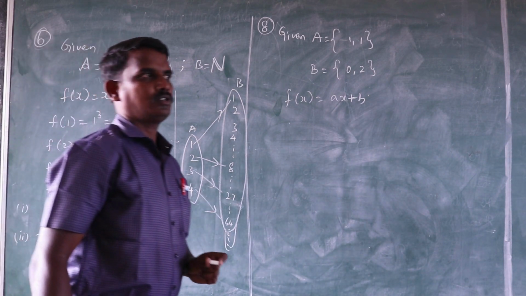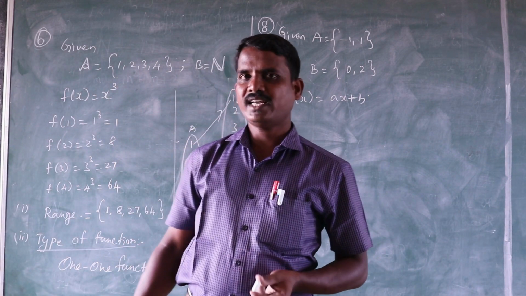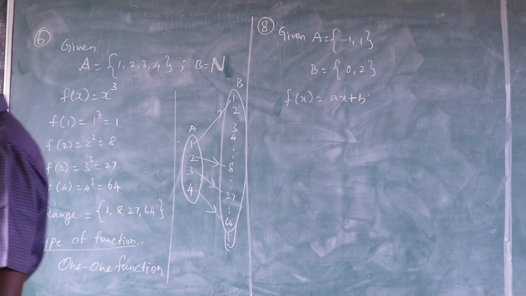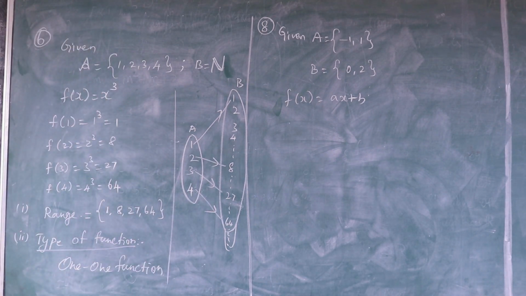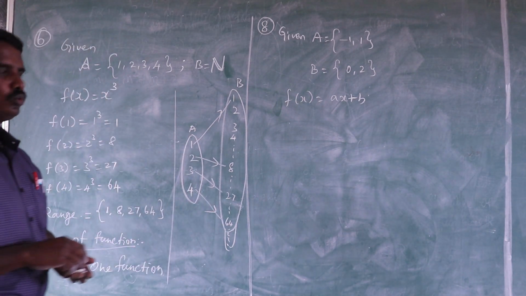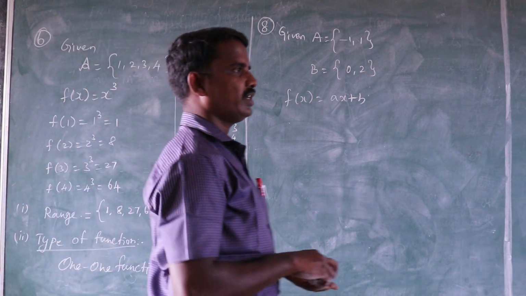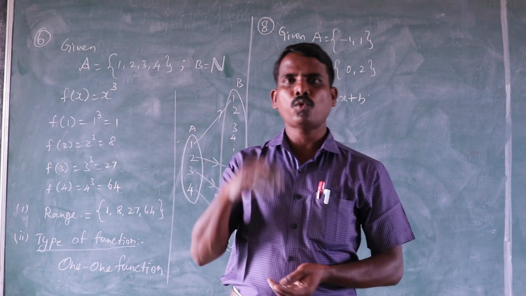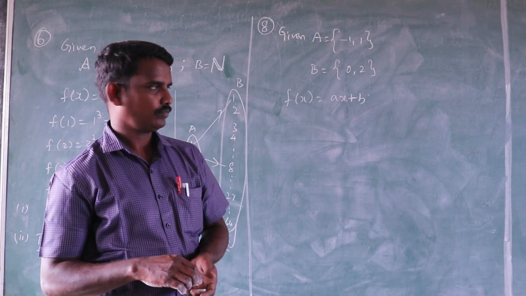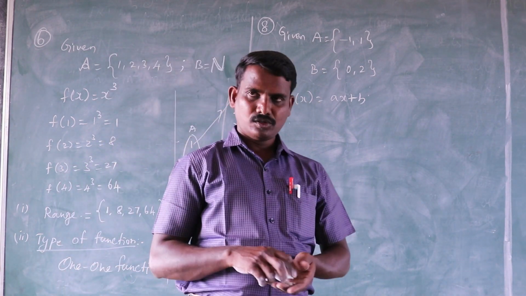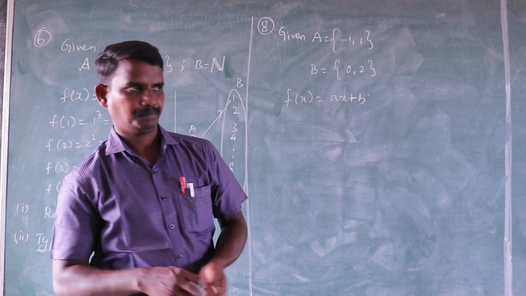That's all. So seventh question you can do as homework. Just given two questions, which of the following is bijective or not, write your own answer. You can write your own answer. Okay, now I go to next question, eighth question.